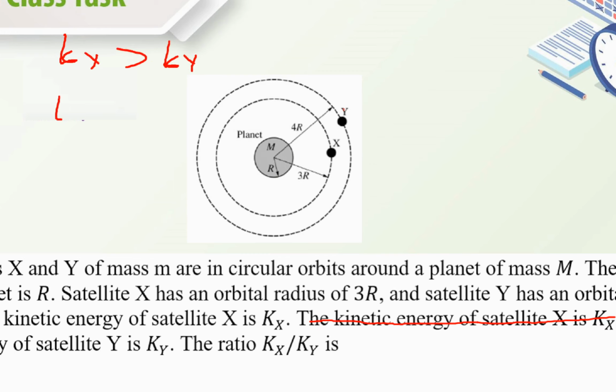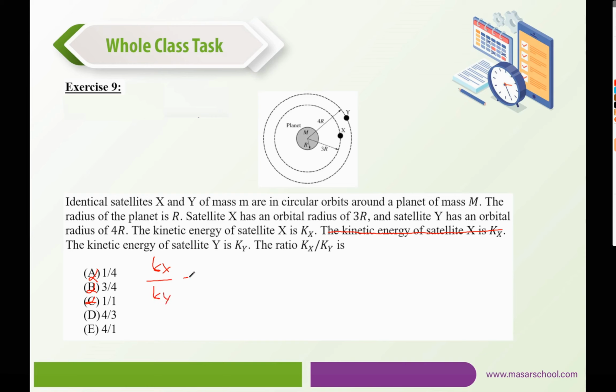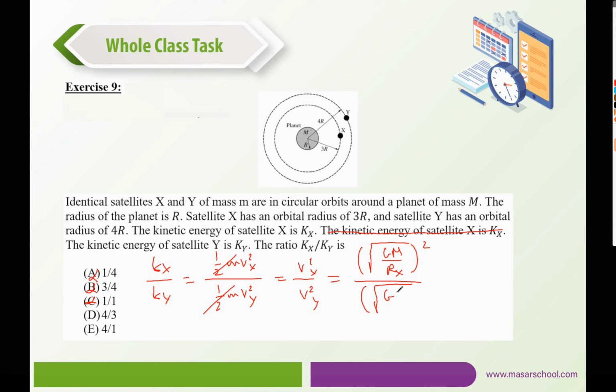Now let's determine the kinetic energy for each. So Kx over Ky is basically half m vx squared over half m vy squared. We can eliminate these, in which m represents the mass of the satellite. Now that would be vx squared over vy squared. Because we are in a circular orbit, the speed is given by the square root of GM over rx, and the square root of GM over ry.